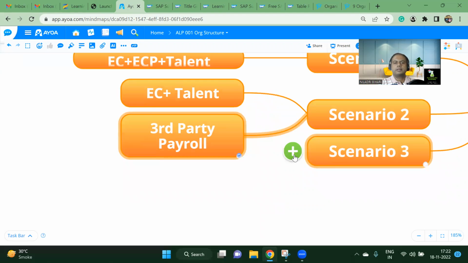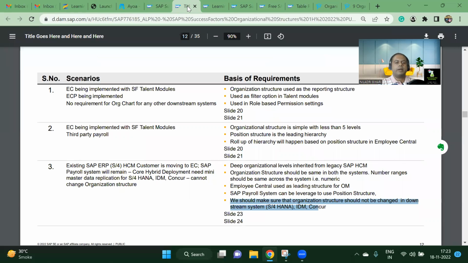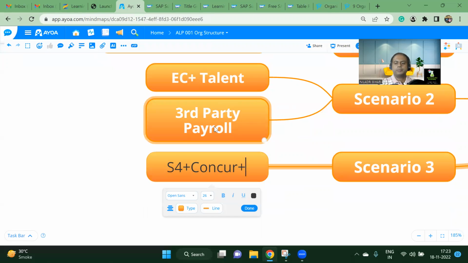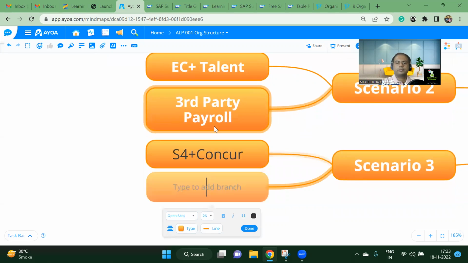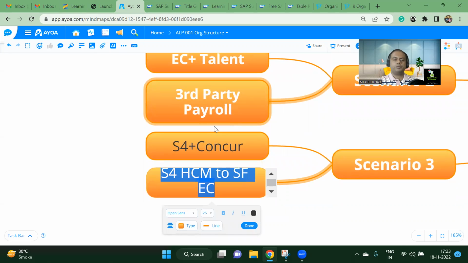Now coming to the third scenario, it is mostly for a large organization. You have S4, you do have your Concur, plus you are already migrating, meaning you are moving from SAP HCM to EC. This is a scenario, it may be S4 HCM to SAP EC, if you are moving or planning to move.